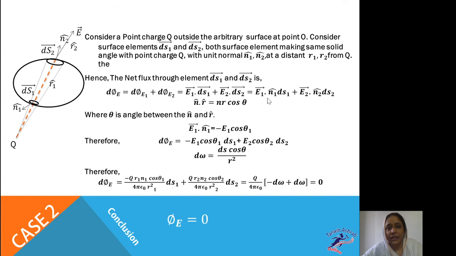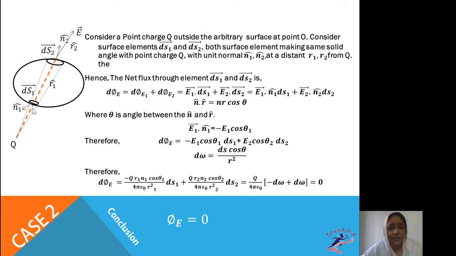If we take n̂ outside of ds1 and ds2, we get this equation. Now as we already discussed, n̂ · r̂ is cos θ, and when we find E1 · n̂1, we wanted the electric field in this direction above, but n̂ is in the opposite direction below, at some angle, say θ1.